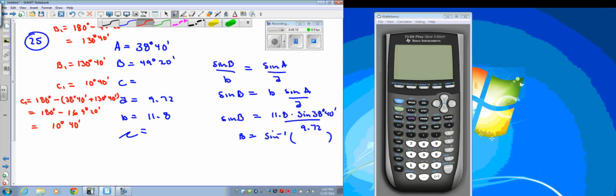And then if I figure out C, this C is going to be calculated that same way. It's going to be 180 minus the sum of the 38 degrees 40 plus 49 20.